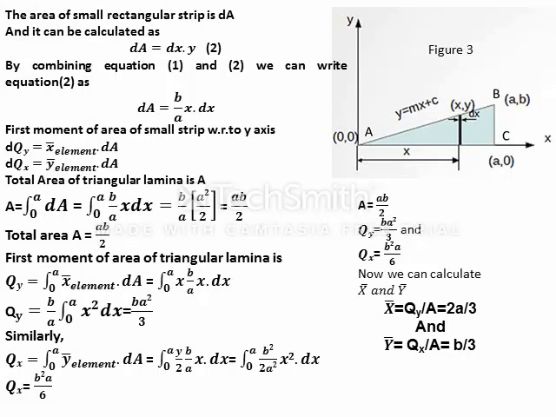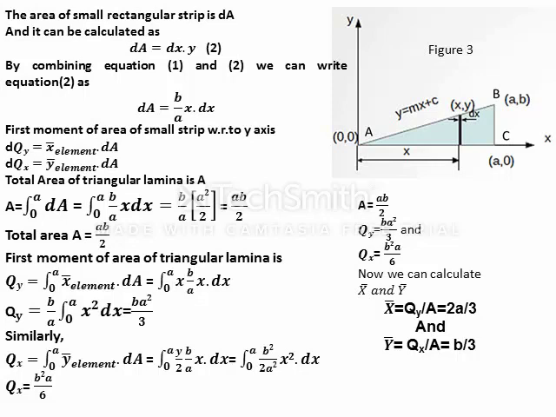So, to get the first moment of area of the triangular lamina with respect to the y-axis, noted as capital Qy, which is equal to the integral of x bar element into dA over the limits 0 to a, upon solving, integrating and applying limits, I am getting the value of Qy as b square by 3. Similarly, Qx can also be calculated as b square a by 6.